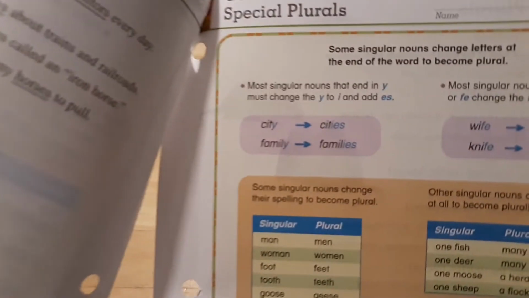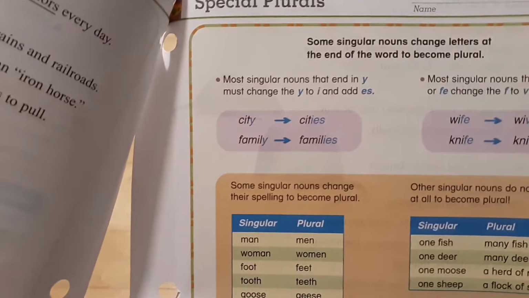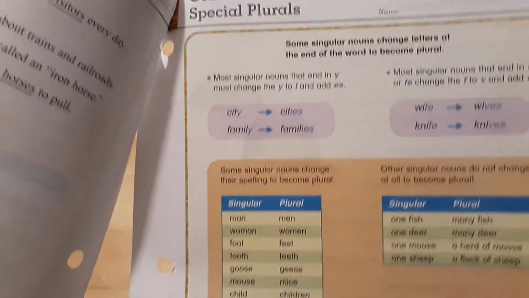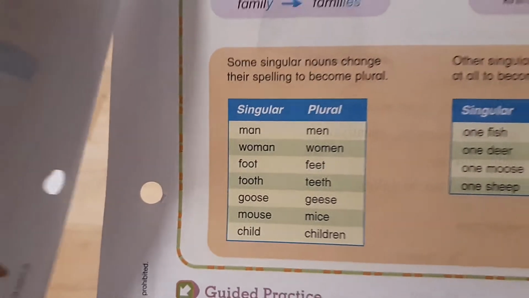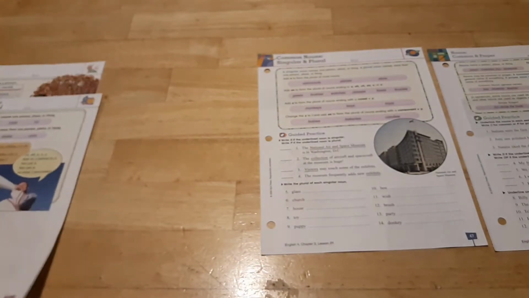And then special plurals, like changing Y to I and adding ES. And then again, man to men, woman to women. And that's it for third grade level.